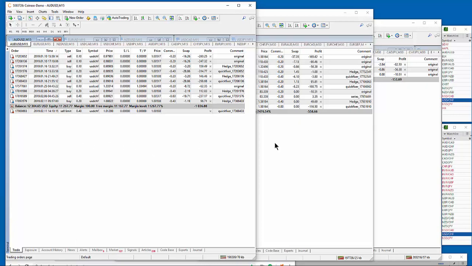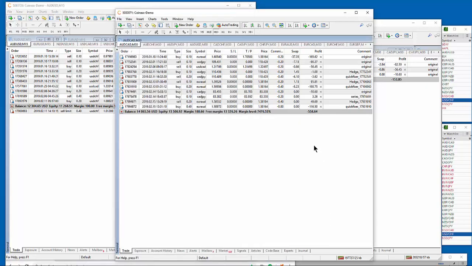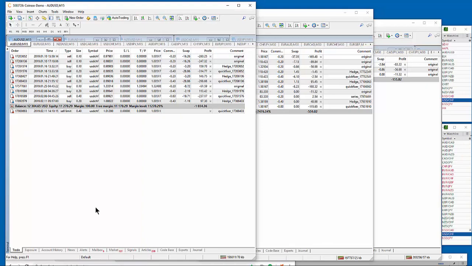When we move over to this second account, it's trading the same thing, but with settings built for 30-minute time frames instead of 15-minute time frames. Also, this account is trading 28 pairs, and the first account is only trading 12.